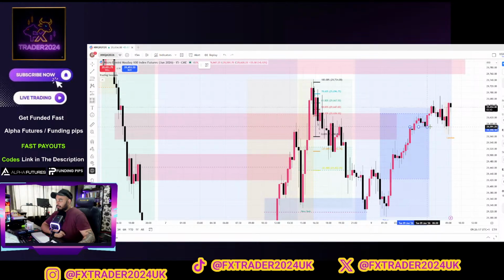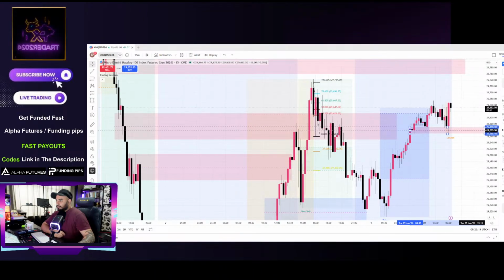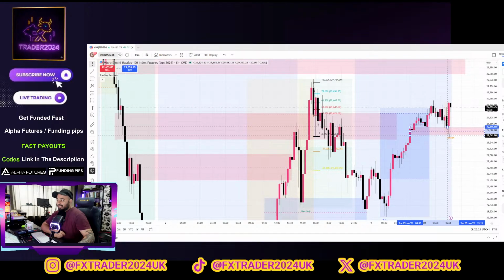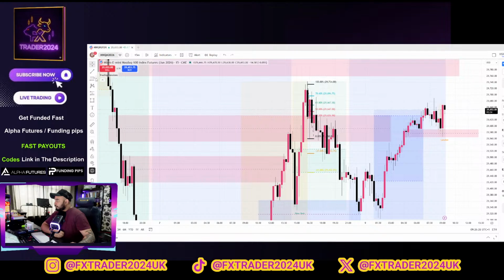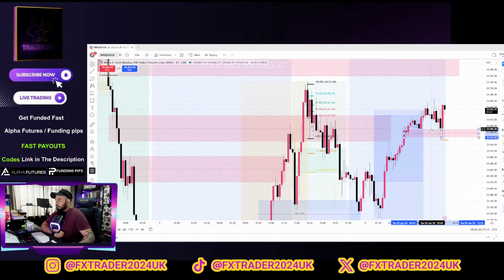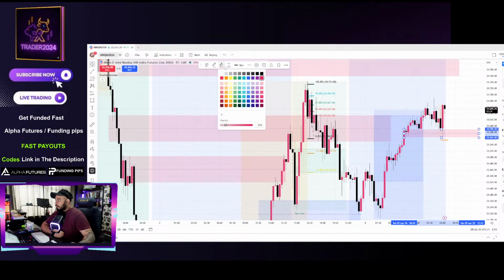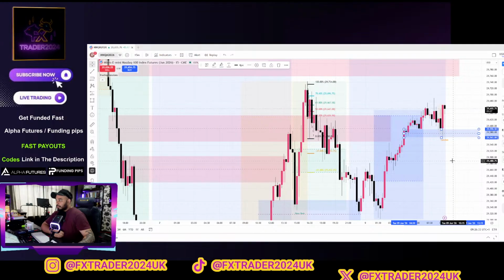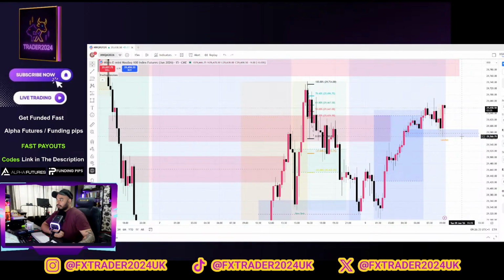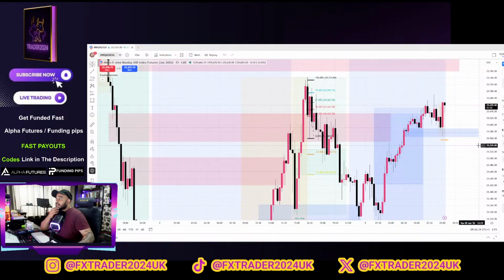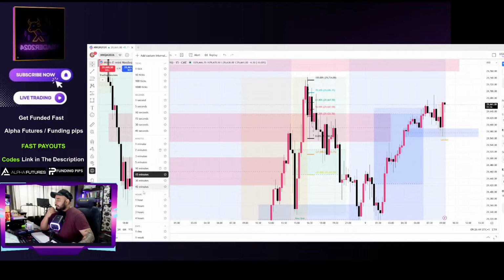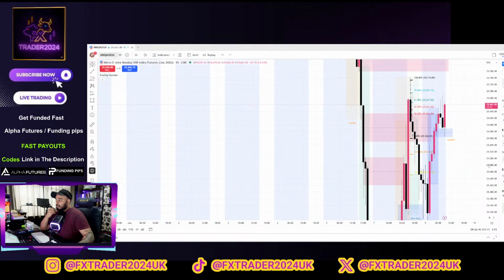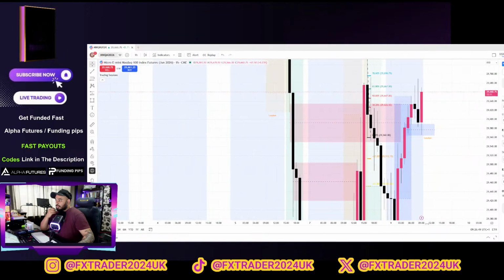So were you looking at it from this area here? And then obviously you had the fair value gap below it, round about there. Is this the area you were looking from on the 15-minute time frame? I'm saying 1 hour gap. Okay, so if you go onto the 1 hour time frame, the gap is right below it, just there.